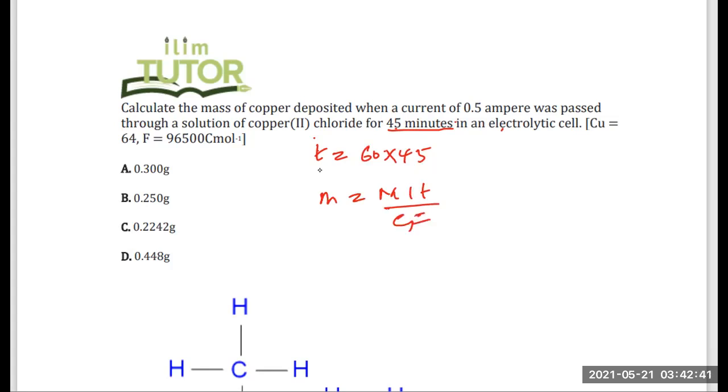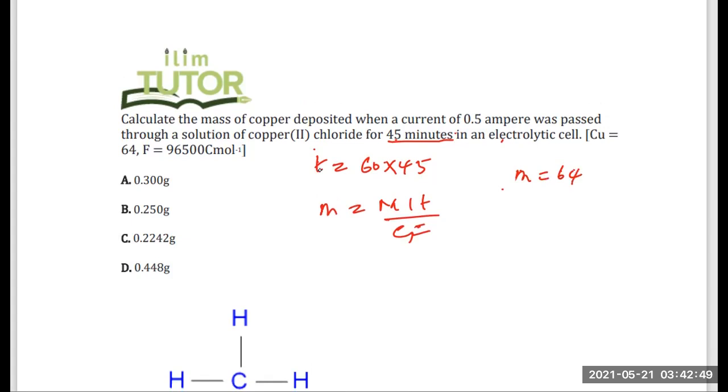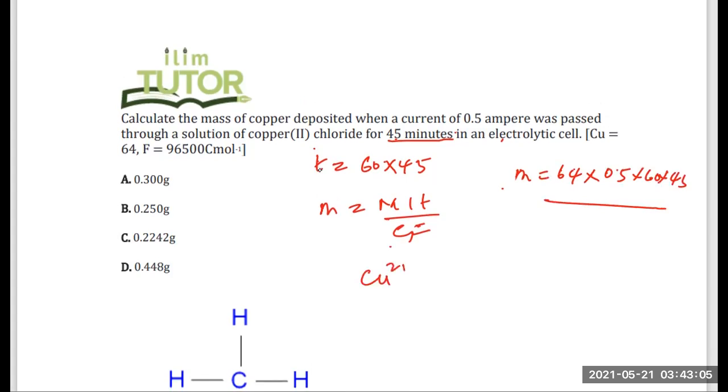So that means my M is going to be, what is the molar mass? That's 64 times the current, which is 0.5, times 60 times 45, that represents the time. So what is the charge on copper? We know that copper has a 2+, and they've also given us copper 2.